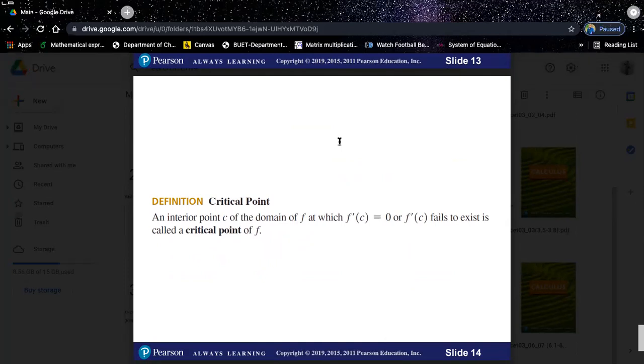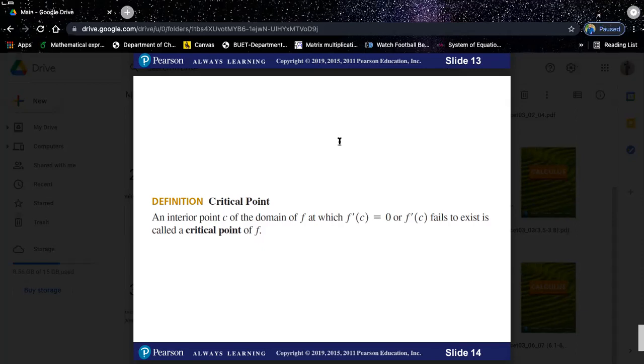Okay, so the critical point, what's that? A critical point is if you pick a point where the first derivative is 0, or at that point the derivative does not exist.